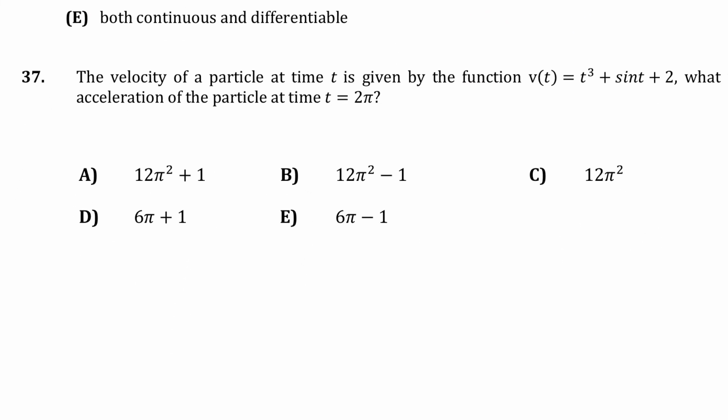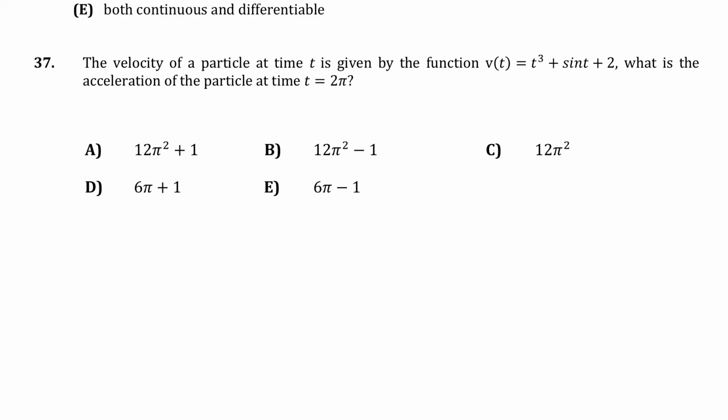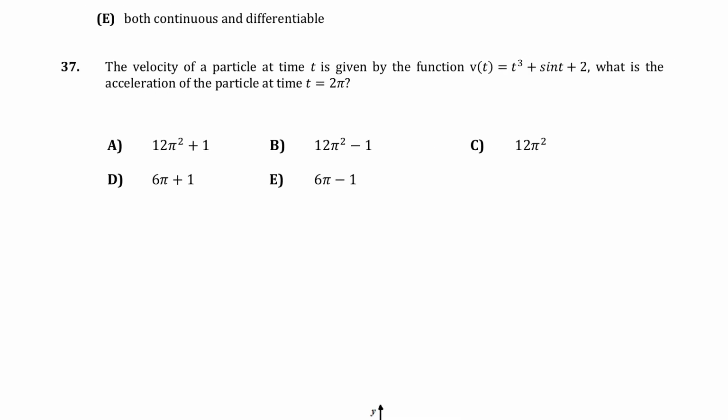Here, the velocity of a particle is given by this function. What is the acceleration of the particle at time t? So velocity, we have to take the derivative of this. And so v prime of t is 3t squared plus cosine t.